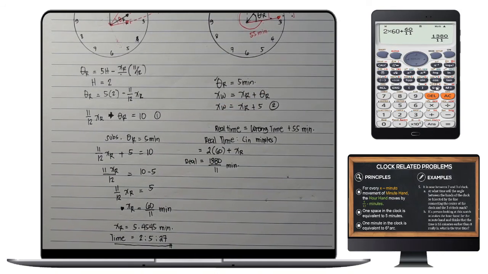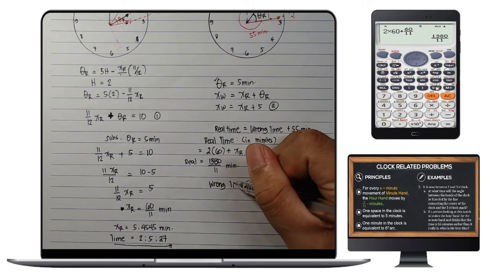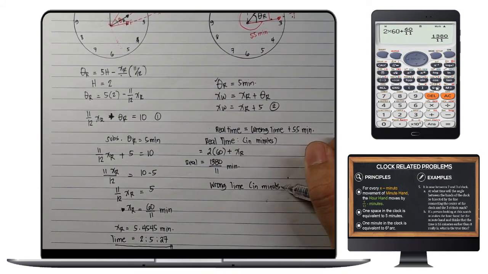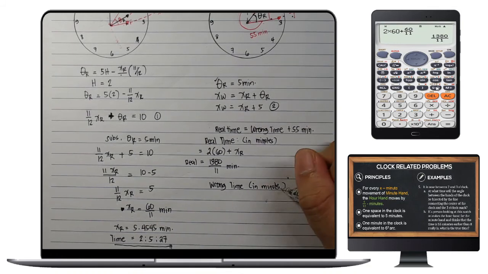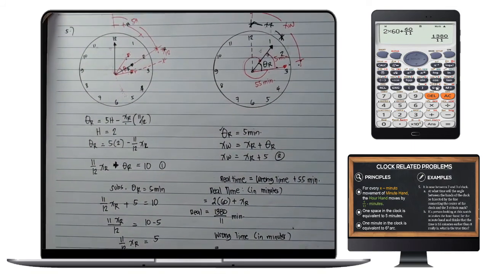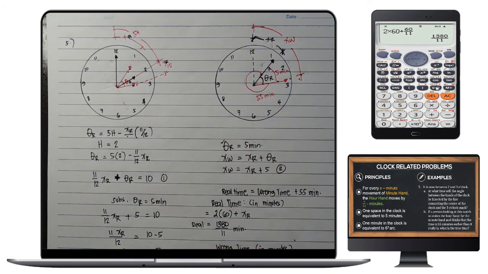Okay? Then, let's have the wrong time. So, yung wrong time natin, in minutes din. So, looking at the figure, nagkabaliktad yung pwesto ni minute hand and the hour hand, so we can say that the man thought that the time is between 1 and 2 o'clock instead of 2 and 3 o'clock.